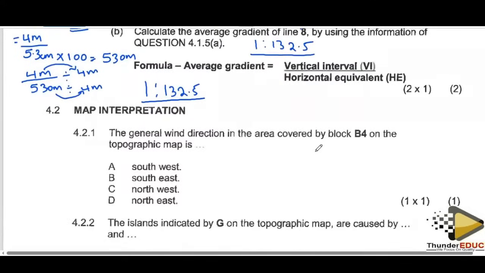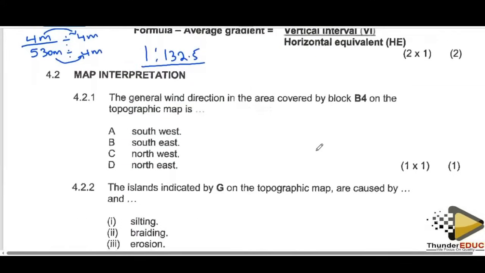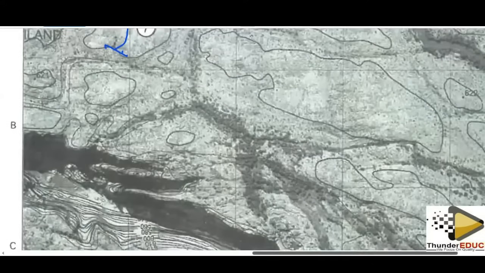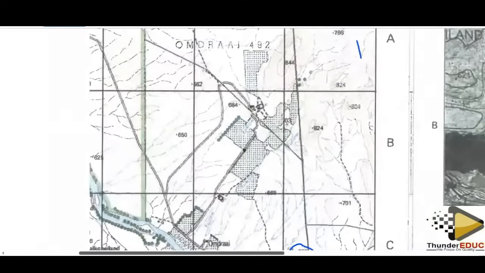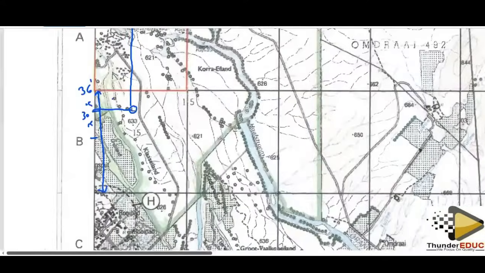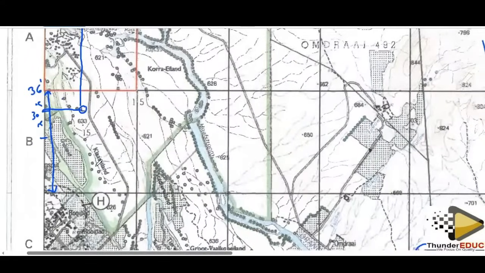Then 4.2, the general wind direction in the area covered by block B on the topographic map. All right, so let's check that topographic map for this case. This is B1, B2, B3, and B4.